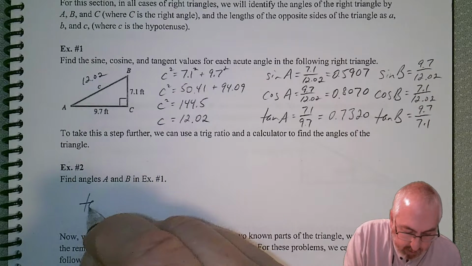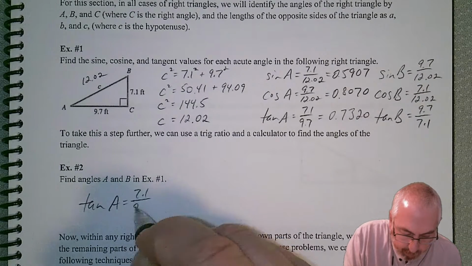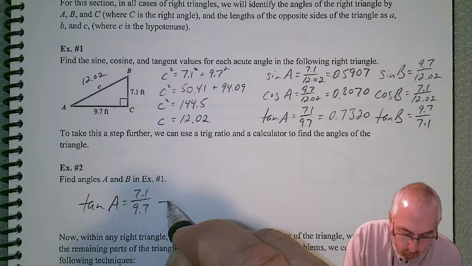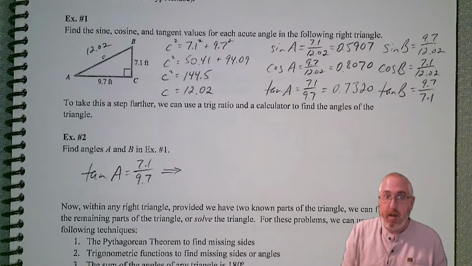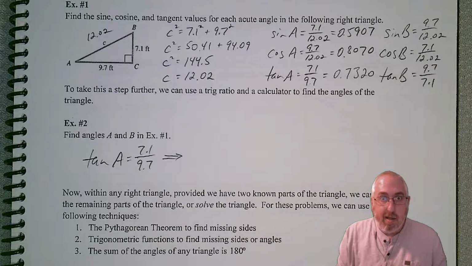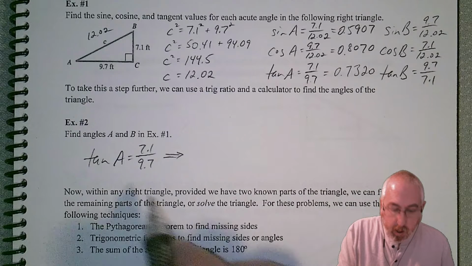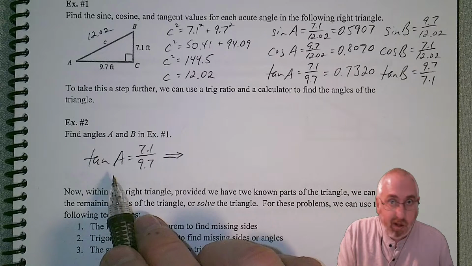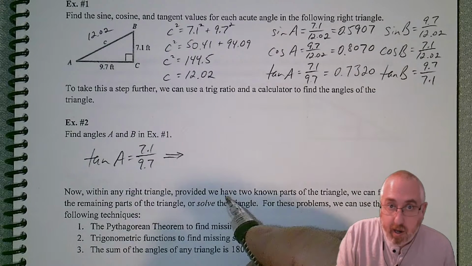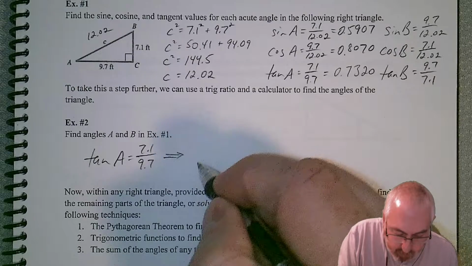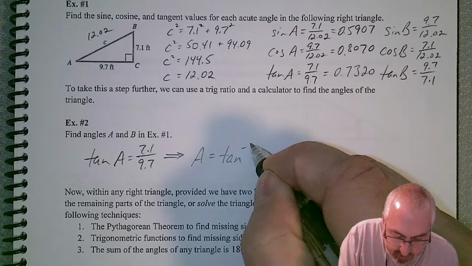So since we know that the tangent of A is equal to 7.1 over 9.7, we can use the inverse function of tangent. Now, we talked about inverses back in chapter 1, but even tangents and cotangents and all of them have inverses. So the way you would do that on your calculator is to find the button for tangent and look above it.